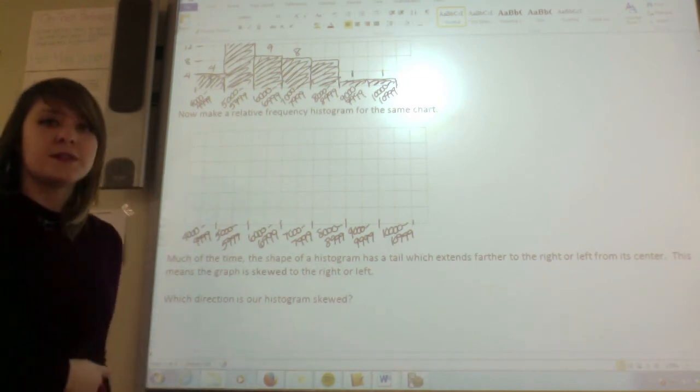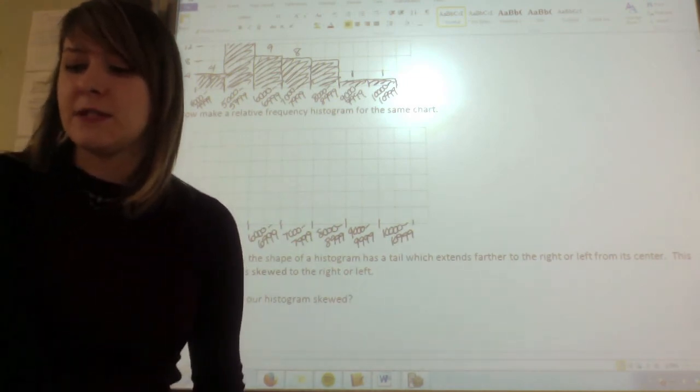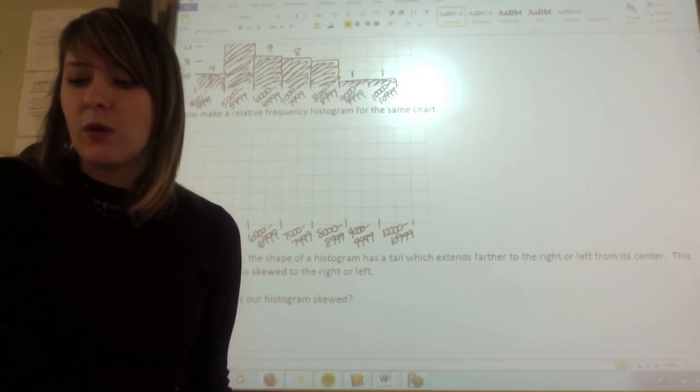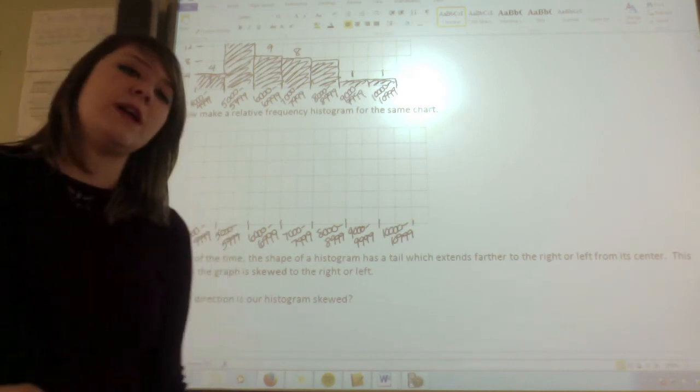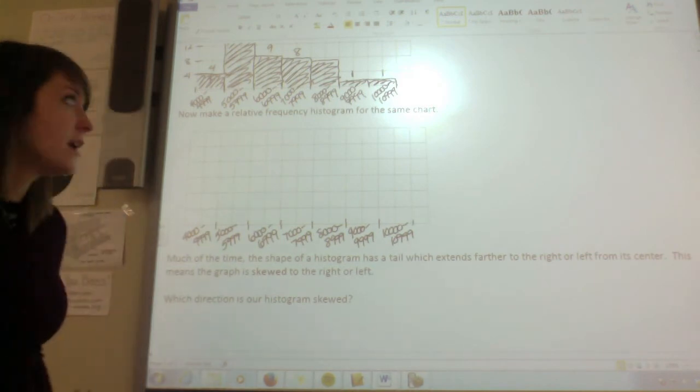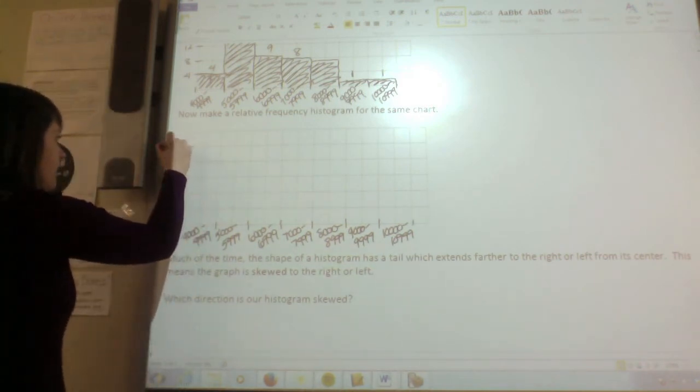Now this time on the side, my highest frequency that I had was 20. Well, as this was out of 50 total points, so 20 out of 50 would be 40%. So my highest percent is going to be 40%.